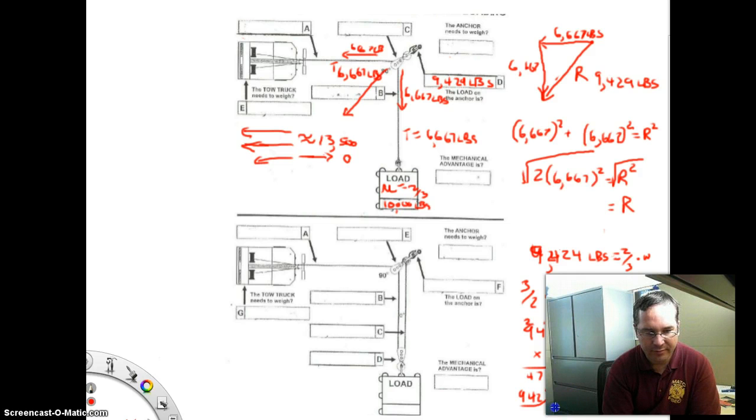We have one digit after the decimal point. And I think we've got an error here because we should get a number that's about 15,000. So let's look. Nope.